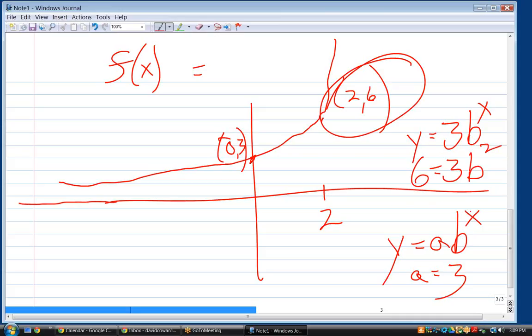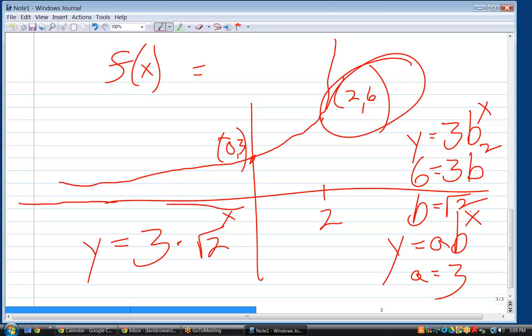So I have b squared equals 2. So b equals square root of 2. So the equation that they are looking for is this.